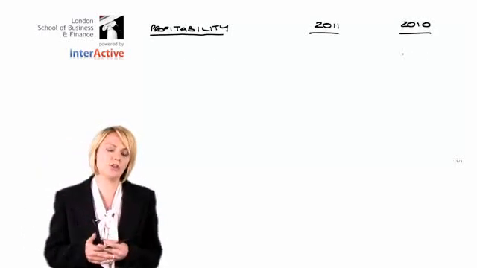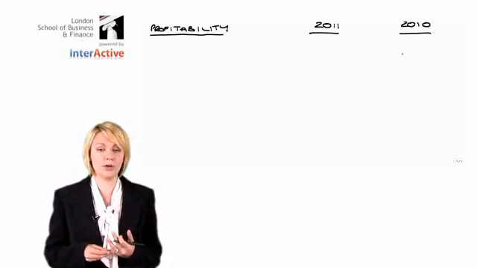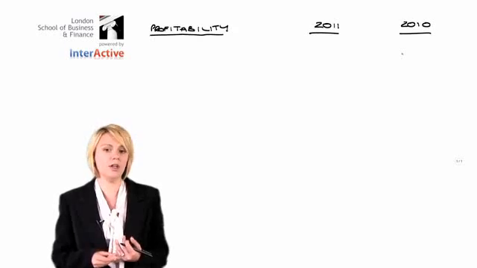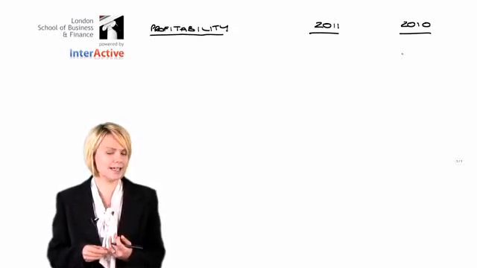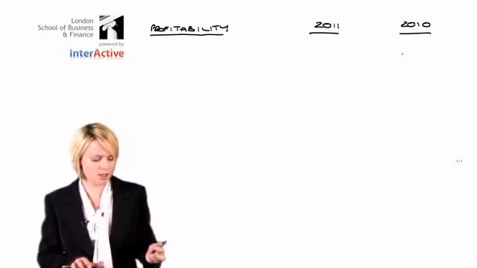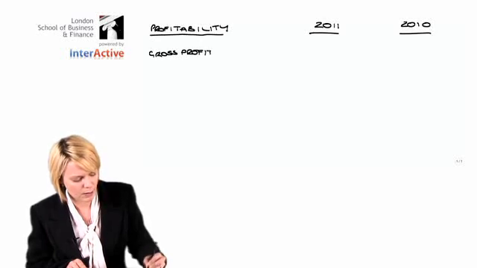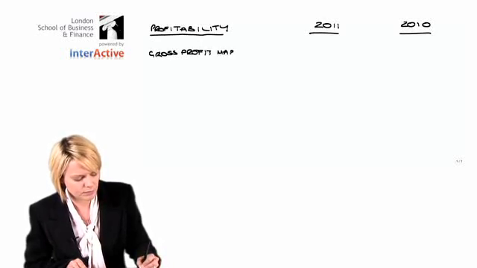So, first thing we're going to do then is look at our profitability ratios. If you look back in our notes, do you remember we had 5 profitability ratios? The profit margins, asset turnover, and return on capital employed. So let's start off then with the gross profit margin.